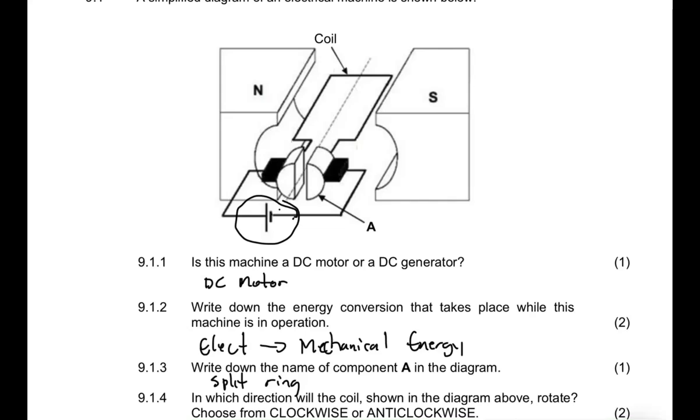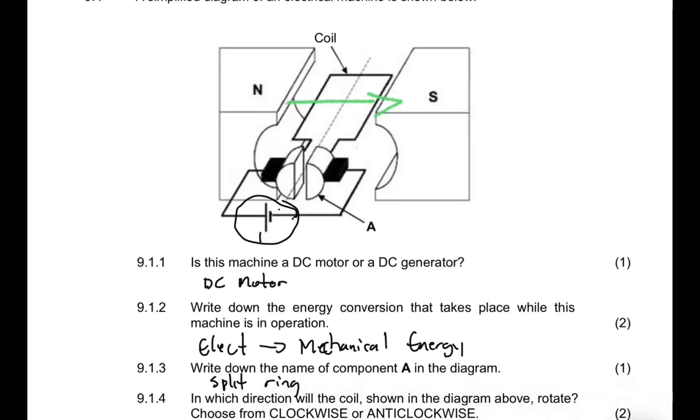Your index finger will point from the north to the south pole, and then your middle finger, which will be 90 degrees to the index, will point in the direction of the current. So let's look at the current in our diagram. We have the positive terminal here, and then we have a negative terminal here. The current flows from the positive to the negative terminal, right? So here the current will be flowing in that direction, and here the current will be flowing in that direction.